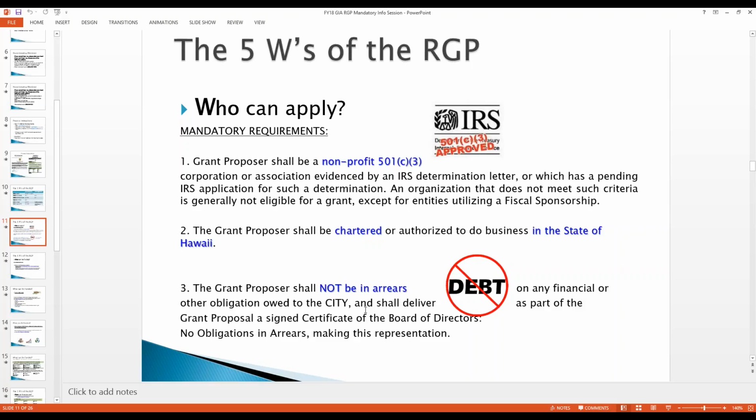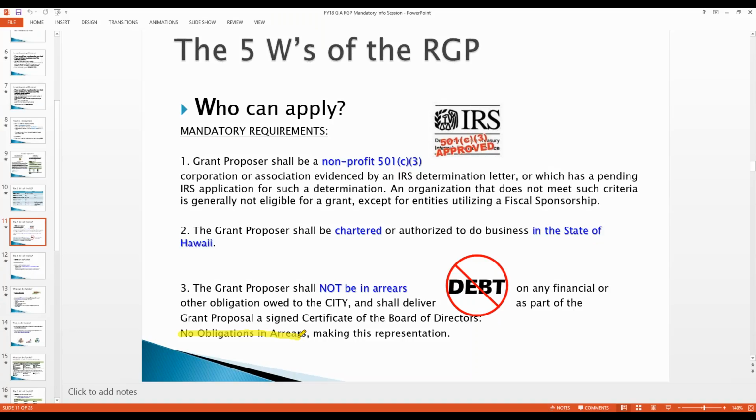Next, the grant proposer shall not be in arrears on any financial or other obligations owed to the city. This statement will be certified by your board of directors by signing a no obligations in arrears letter. I'm going to highlight it right here.